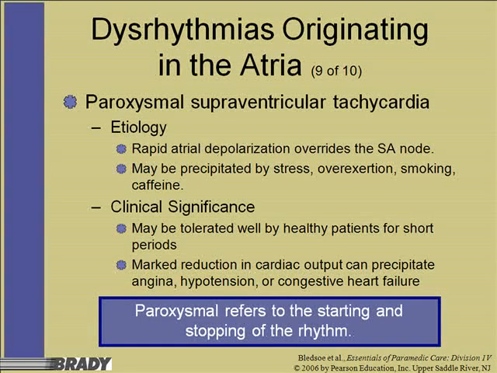So the problems for this, or how it comes about: rapid atrial depolarization that overrides the SA node. So like I said, think of it as an irritable site in the atria that overrides the SA node, the typical pacemaker site. It may be precipitated by stress, overexertion, smoking, caffeine. So again, back to the tobacco, caffeine.